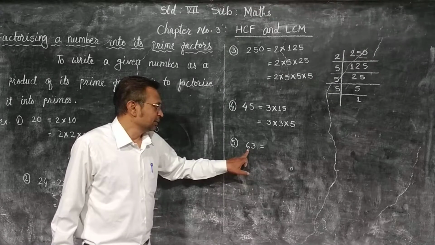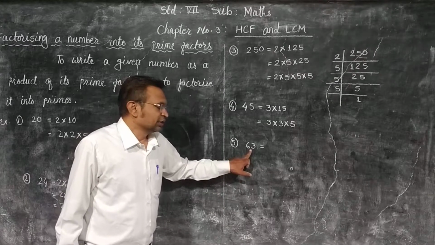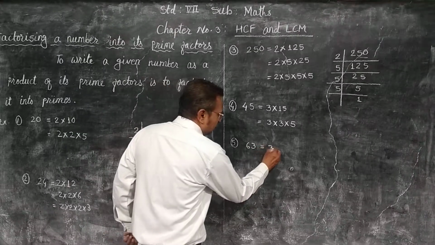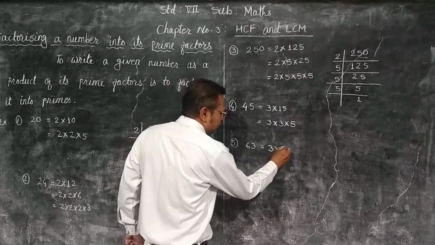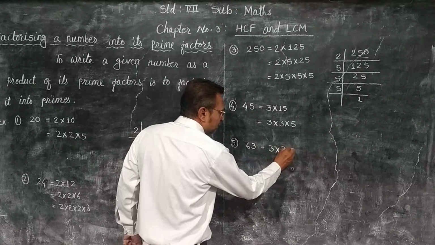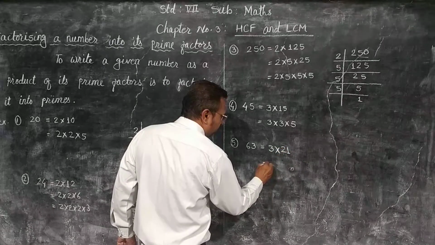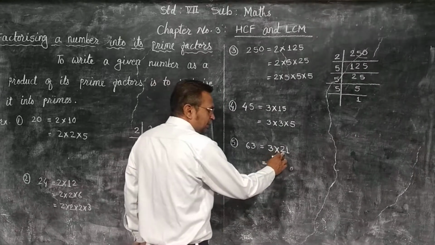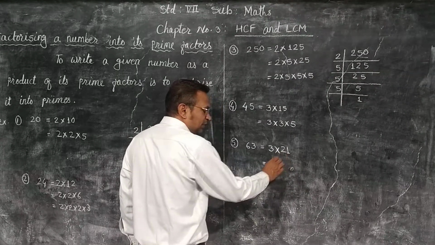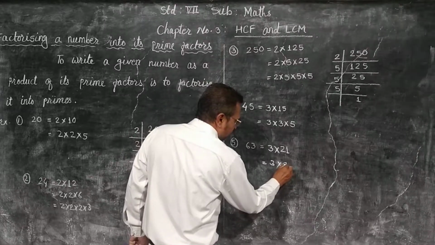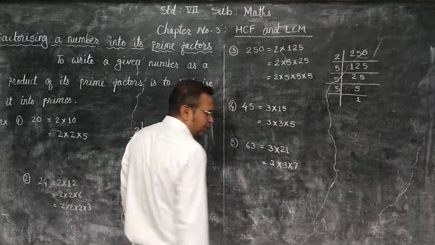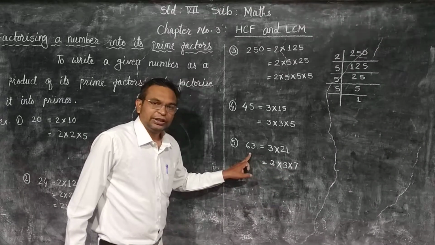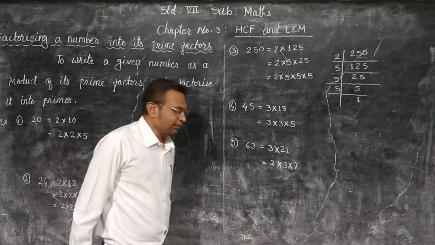Yes, we can divide 63 by 3. Therefore use 3. 3 2s are 6. Now 3 1s are 3. Again 3. Can we use the test of 3 again? 2 plus 1 is 3. Yes. Therefore 3 7s are 21. 7 3s are 21, 21 3s are 63. These are the prime factors.